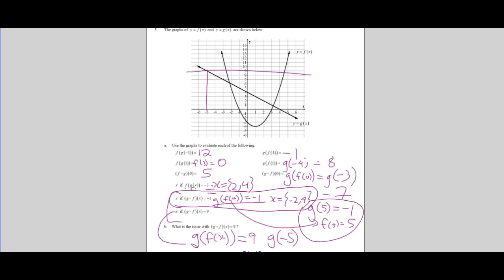Okay, so for the last one, g of f of x is 9, right? So I say, fine. g of what is 9? g of negative 5. Okay, what does that mean? It means f of x has to be negative 5. When does that happen? Okay, does not exist. You can't get a negative 5 out of the function, right? f of x can never be negative 5.